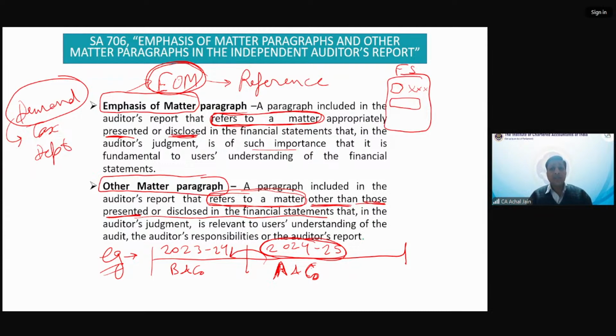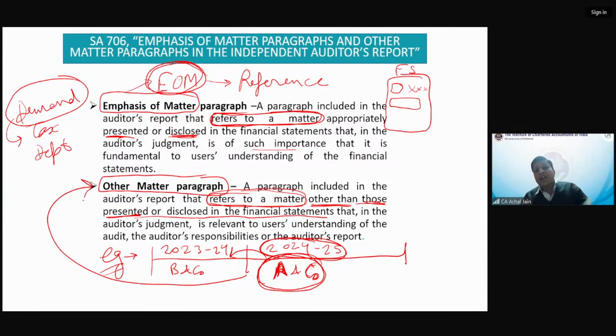Yes or no? Now, an auditor is going to opine on the financial statements. So try to understand the position of A and company. A and company is going to opine on the financial statements for 24-25, wherein the comparatives are given, which are not audited by A and company. So what is it that A and company will do? That is where A and company will bring in this other matter para.